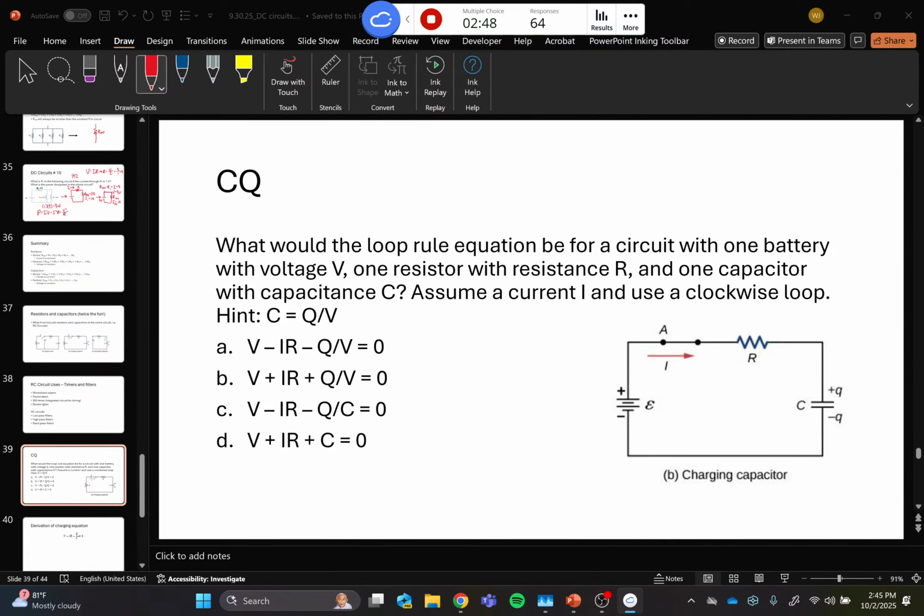We're going to go down. No. We hit the battery, go up or down?